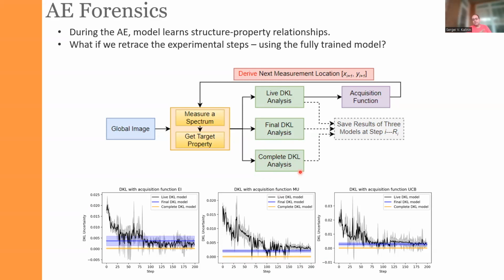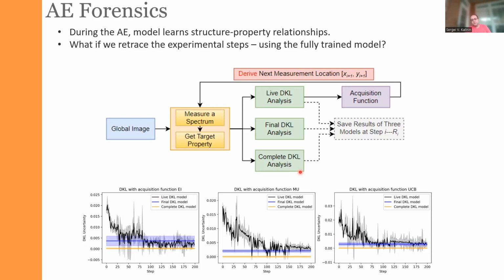So let's say if you have a 100 by 100 pixel measurement, where you measure the hysteresis loop, you have 10,000 hysteresis loops, you have 10,000 image patches. The live model is trained on a small number of patches sequentially. So you start with a model trained on one patch, spectrum pair, then 2, 3, and so on. This is the model that learns during the experiment.